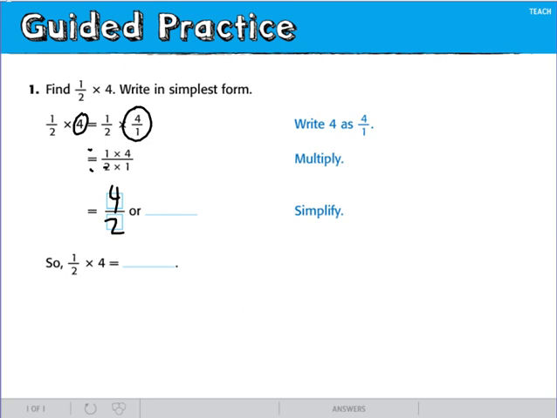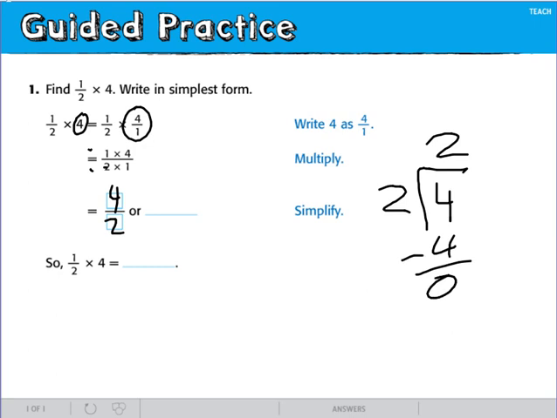Okay. We can divide it or we can subtract it. I'm going to divide it. 4 divided by 2. Okay. So my answer is 2. So 1/2 times 4 equals 2.